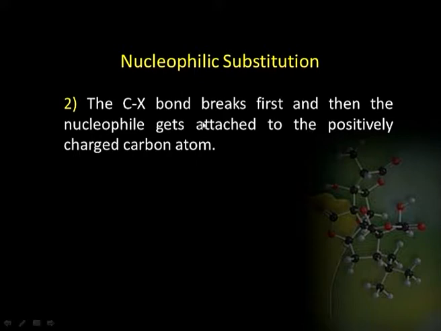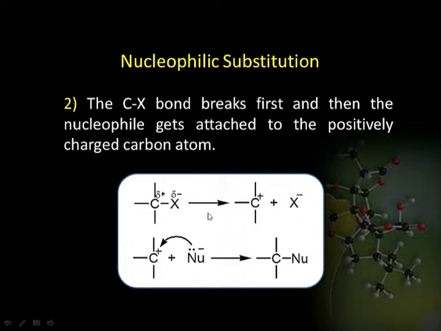So, this is one way of the nucleophilic substitution in alkyl halides. In another case, the C-X bond breaks first and then the nucleophile gets attached to the positively charged carbon atom.